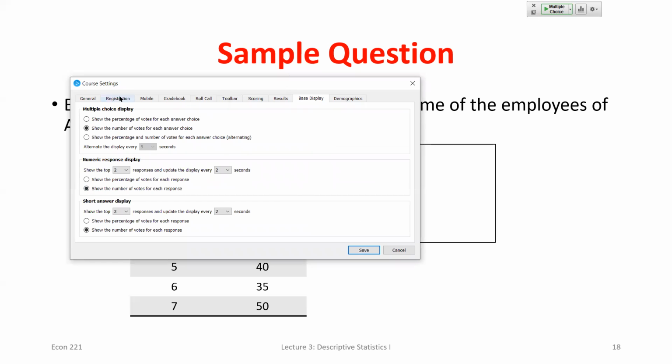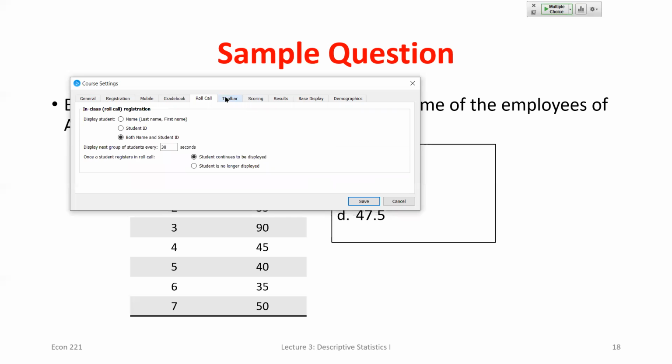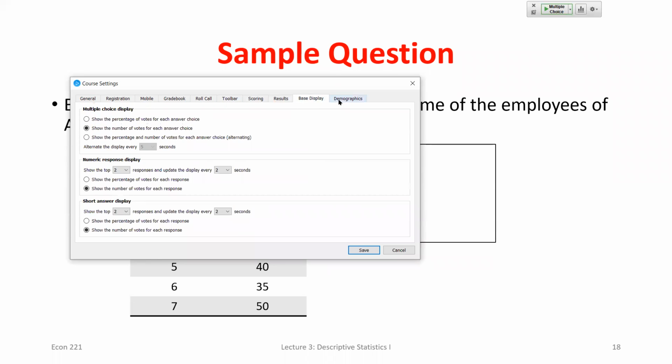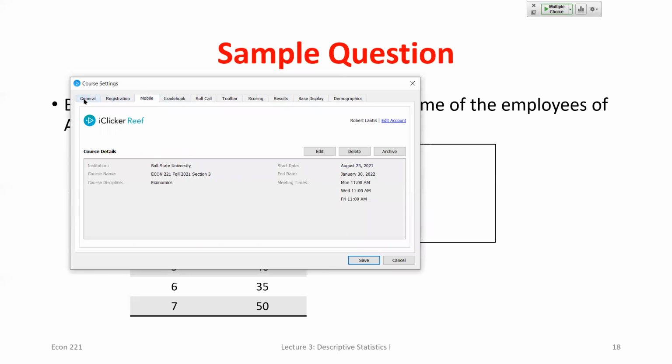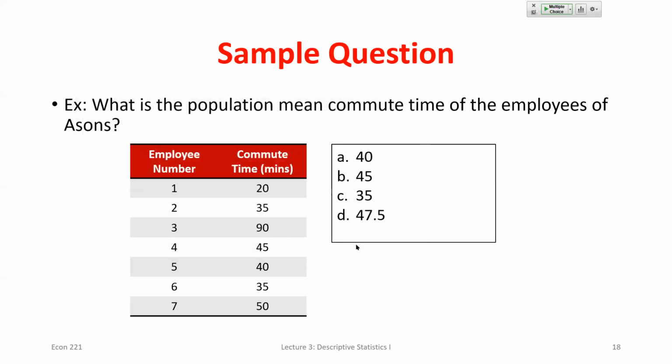So I've got, where was the one where I could choose AA? Let's see if that works. Showing up now?